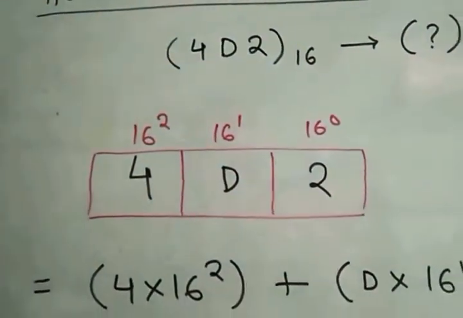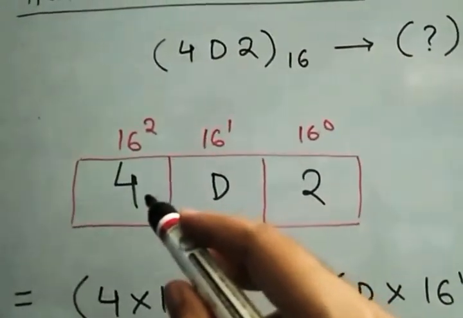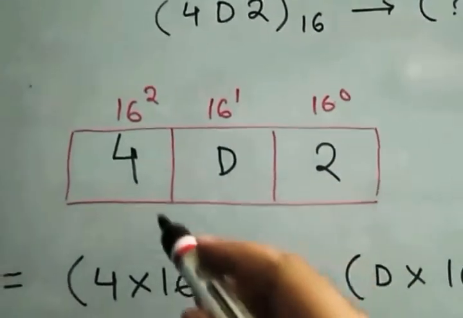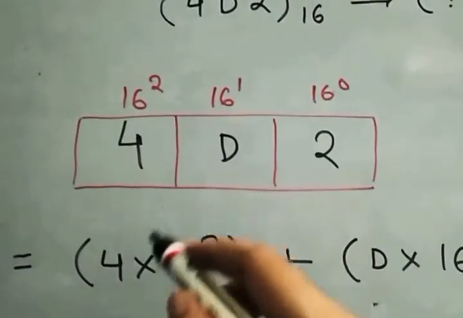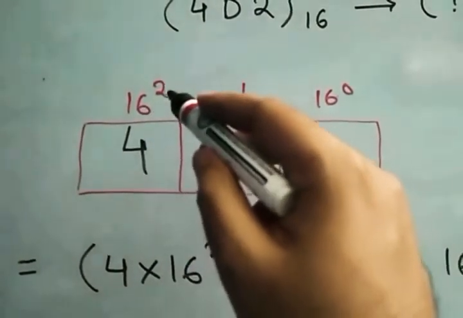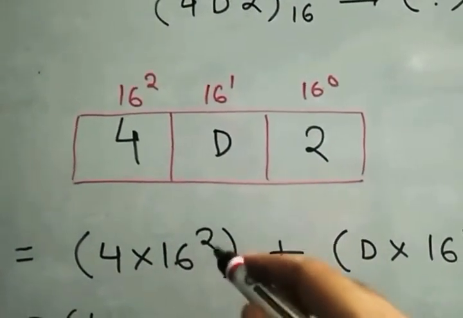Now, as we know, to convert from any system to decimal, we have to multiply the face value with the weight of each position. So the face value is 4, the position is 2 and the weight is 16 to the power 2. So face value into weight is 4 into 16 to the power 2.